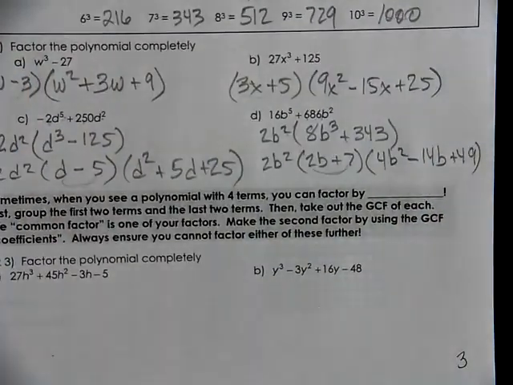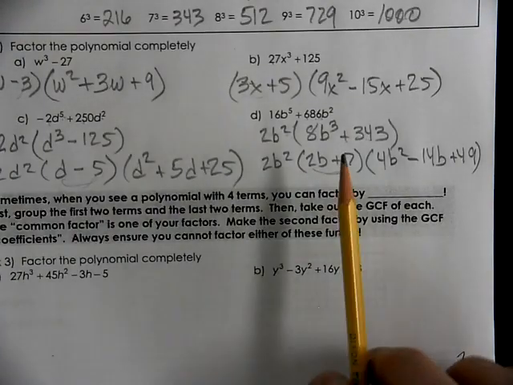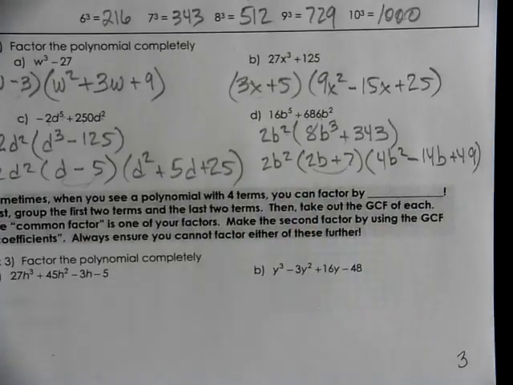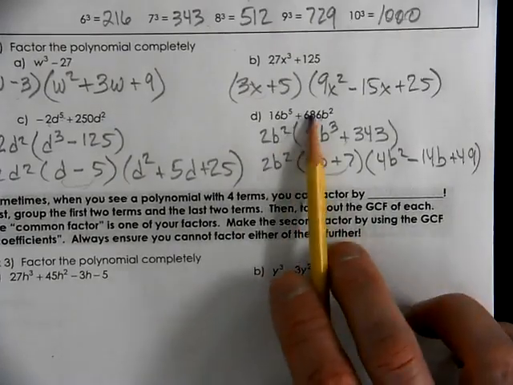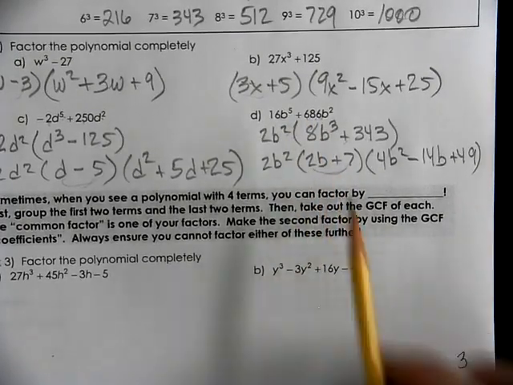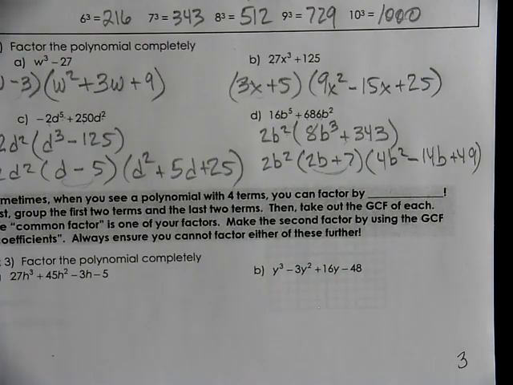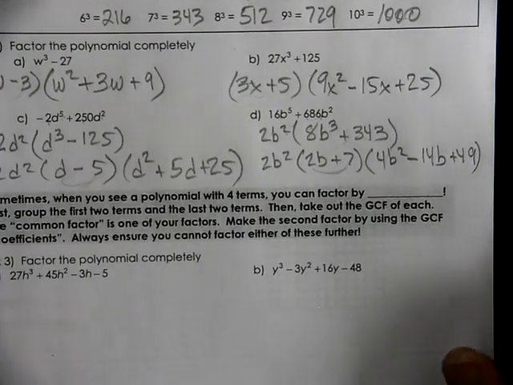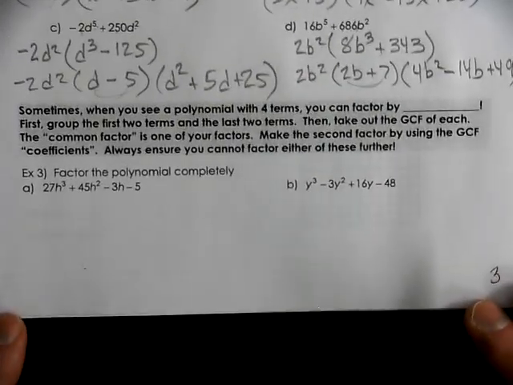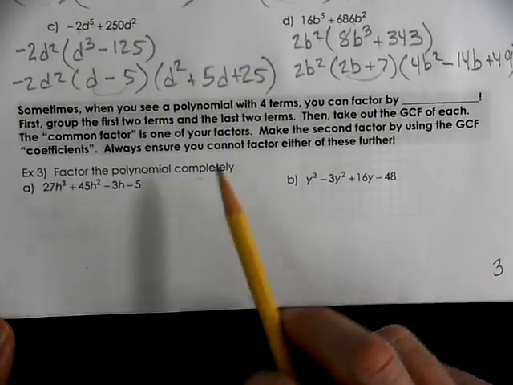There you did it. That was the sum of two cubes. This one had a GCF with it. When it has a GCF, it's a little tricky because you don't see it right away. So that's a new type of factoring pattern we have. Down here is not so new.